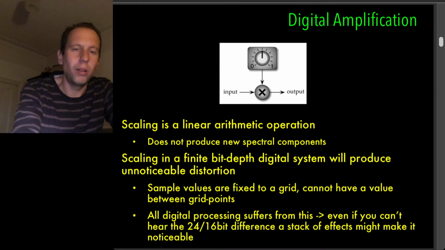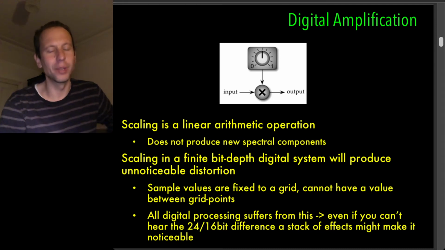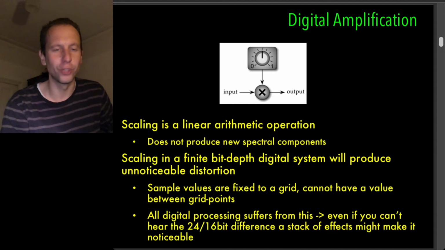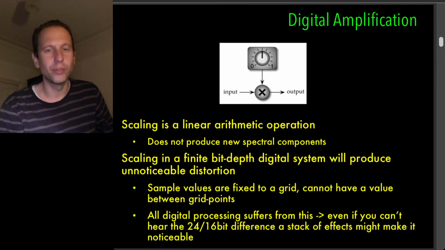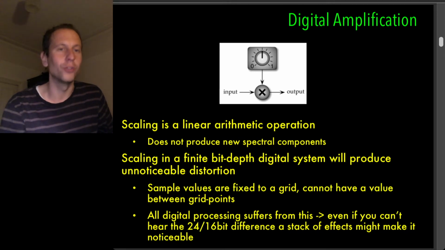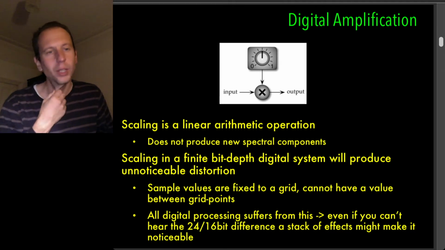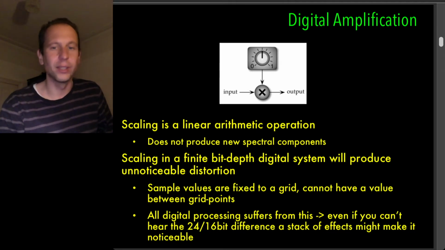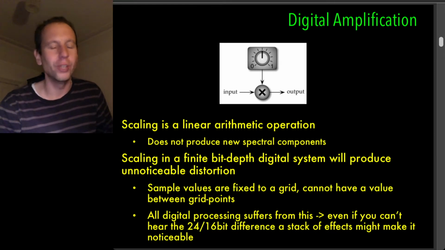Now, having said that, and trying to be a decent academic, everything that you prove, you try to disprove just as well. So if we are really accurate about this, we have to say that with a finite bit depth digital system, which means that you have a vertical grid for your signal, which is inevitable no matter how fine it is, you will actually produce very little levels of distortion even with scaling.